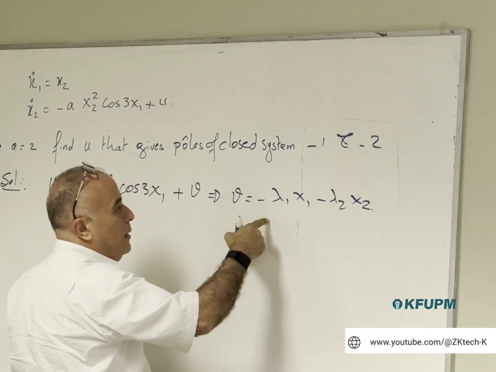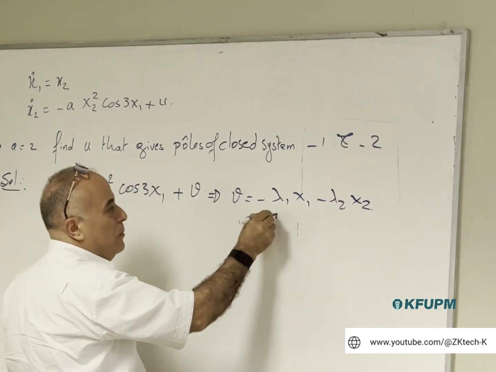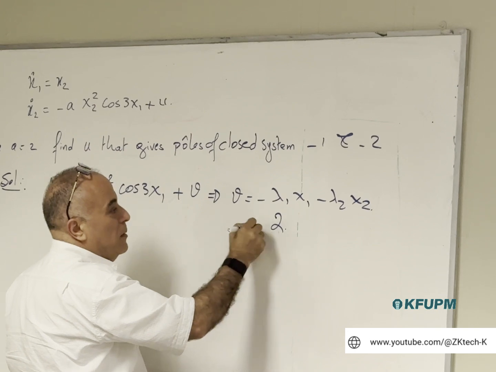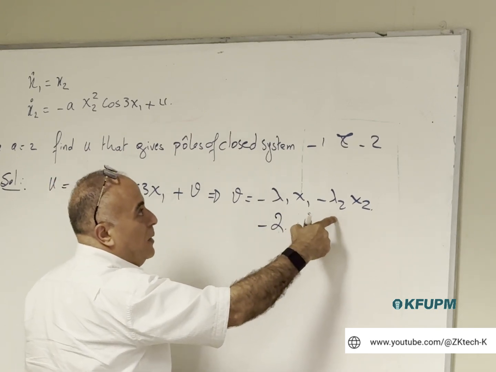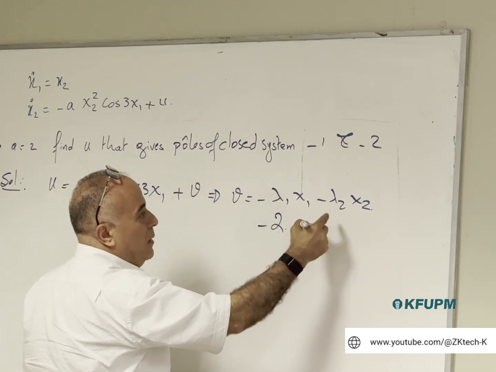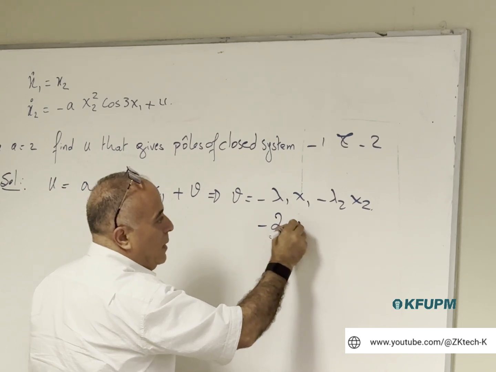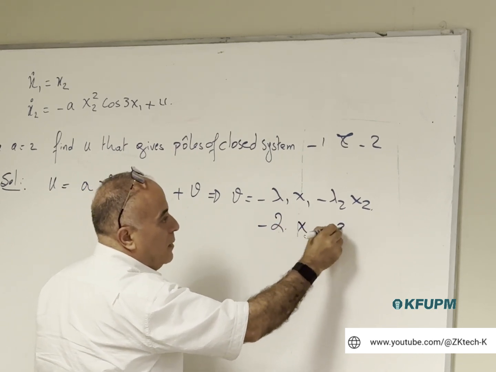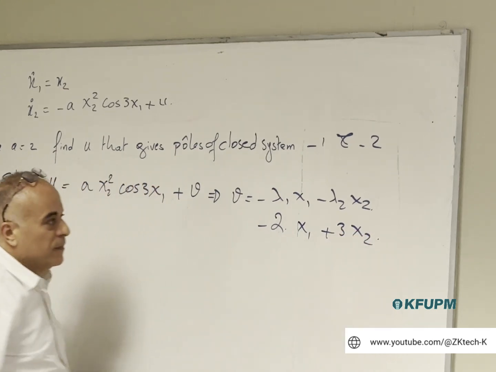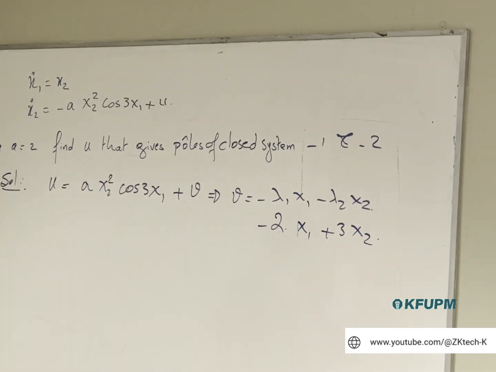Minus lambda 1 would be minus 2, and minus lambda 2 will be minus 3, so it will be here minus 2x1 minus 3x2. Correct? So this would be my controller.